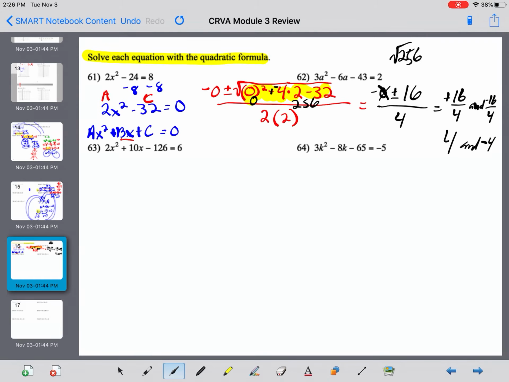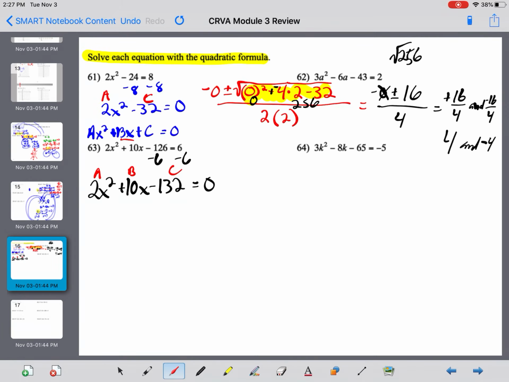There we are. That was fun. Let's try this one. Set it equal to 0, so we subtract 6. You get 2x squared plus 10x minus 132 equals 0. So your a value is 2, your b value is 10, and your c value is negative 132. Holy cow.